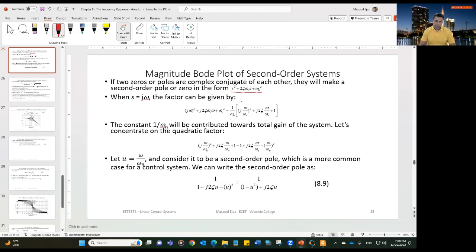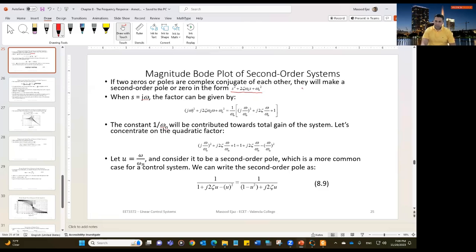Zeta, of course, is the damping coefficient that goes from 0 to 1, and omega n is the natural resonant frequency. And this defines an underdamped system. The characteristics of underdamped system is that the response is exponentially decreasing sinusoidal response. The frequency of the sinusoid is omega n, and the time constant of the decay is defined by the damping coefficient.